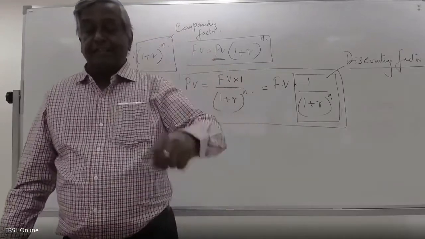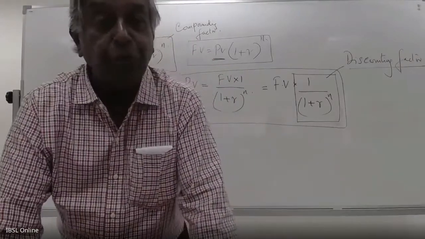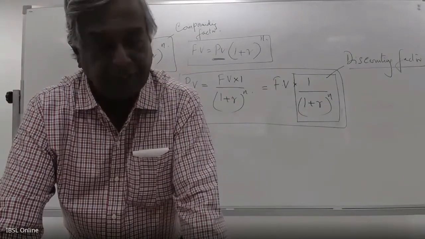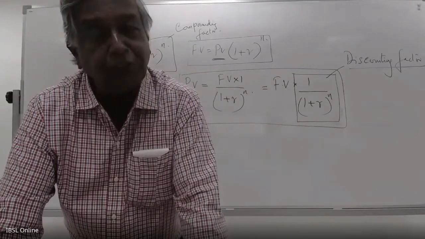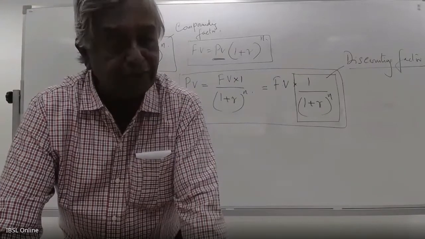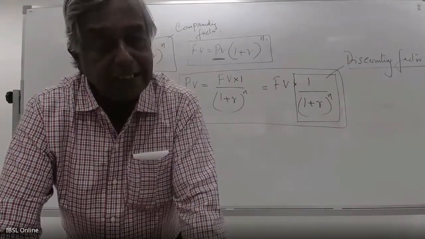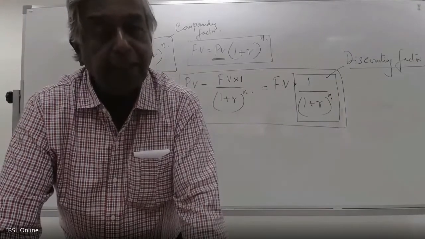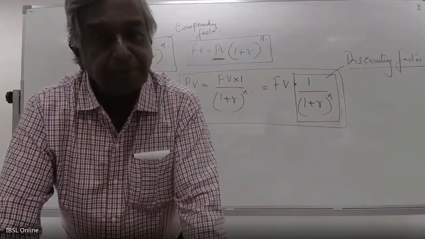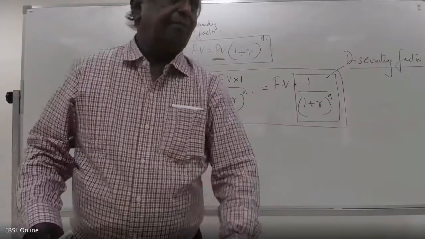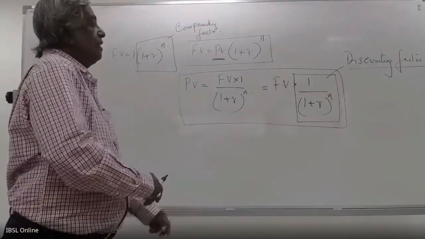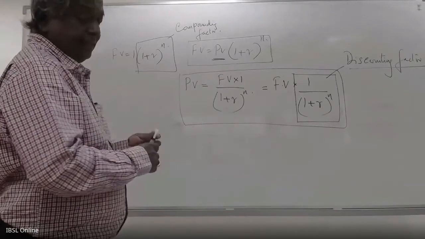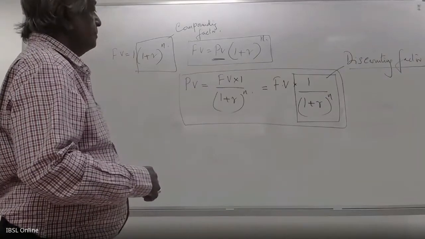In some calculations, they will give you the discounting factor. So by using the discounting factor, you multiply the future value and convert it into present value. Okay, yes. Now let us see which way we are going to do it.